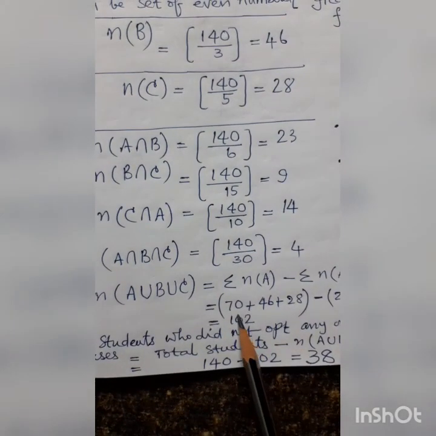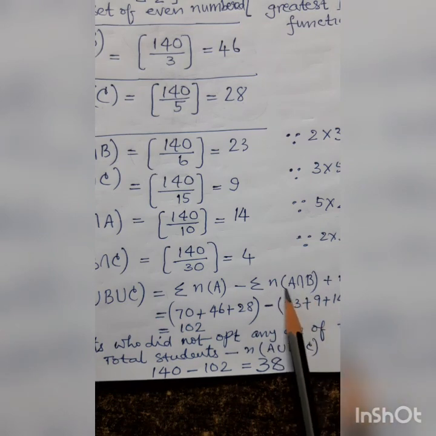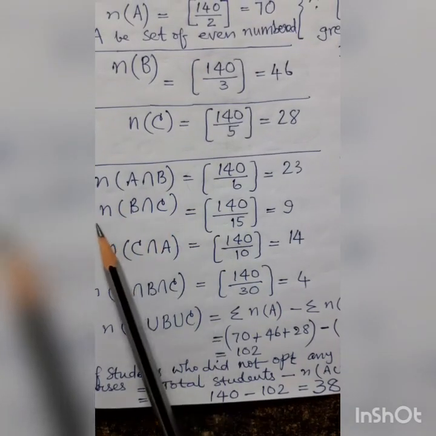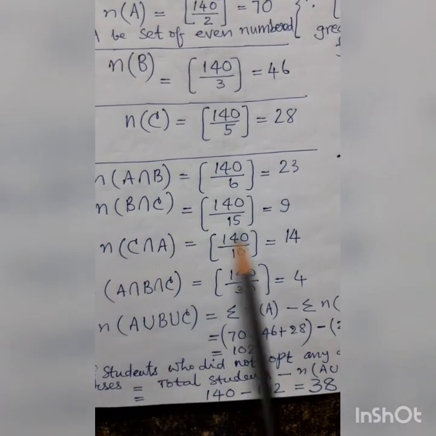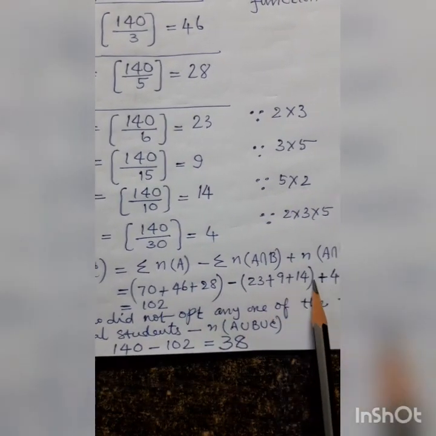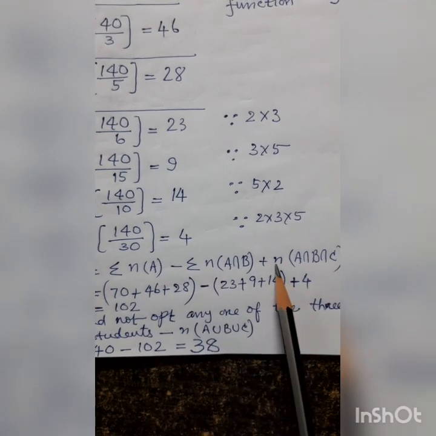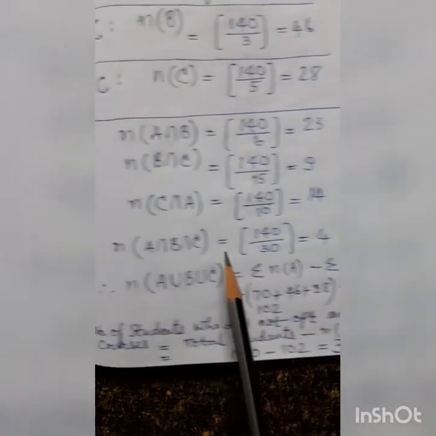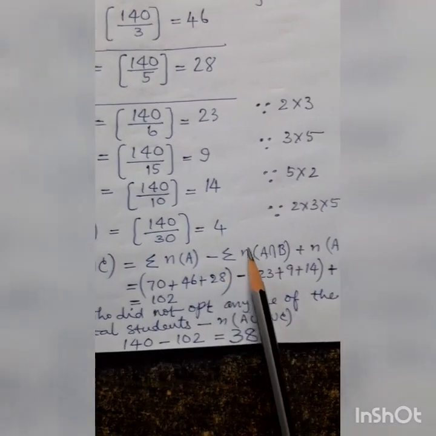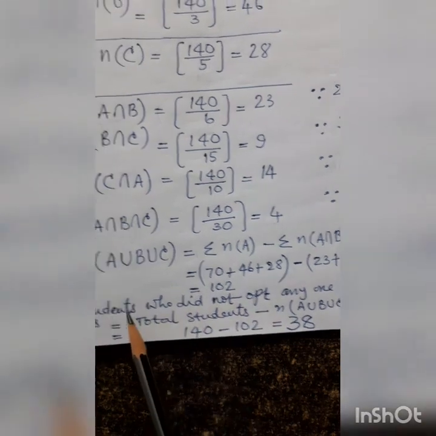So here 70, 46, 28 minus the sigma of N of A intersection B, N of B intersection C, N of C intersection A: 23, 9, 14, all the sigma. Plus N of A intersection B intersection C, which is 4. So we got 102.